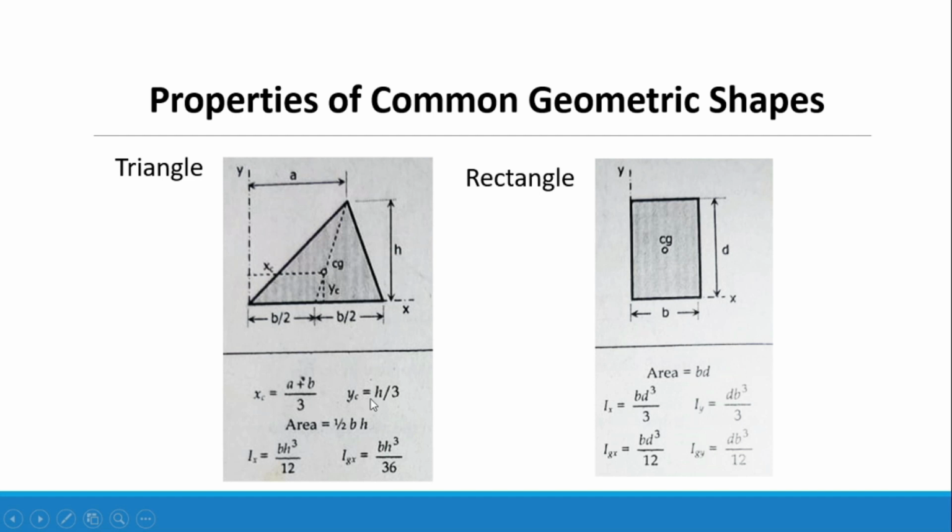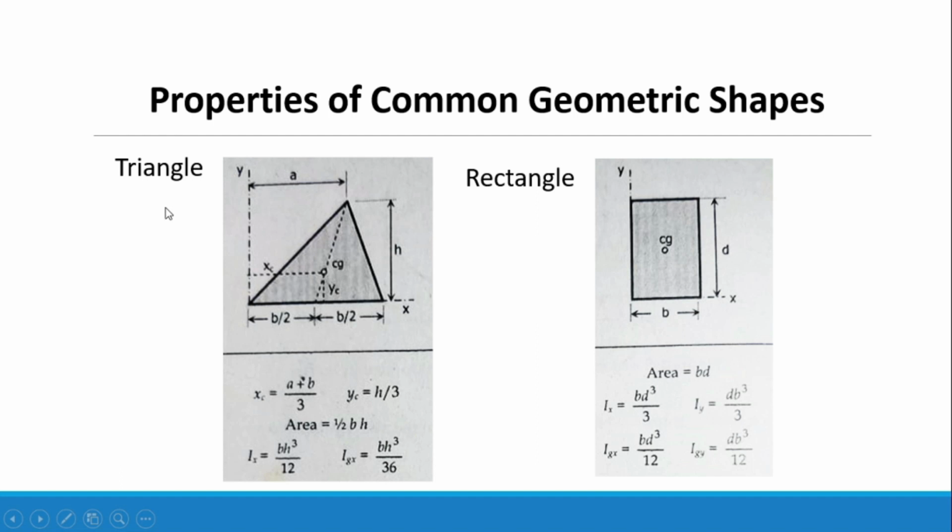While y sub c is equal to h over 3, which means from this axis going to the centroid, the distance y is equivalent to 1/3 of h. So y sub c is equal to 1/3 of h.